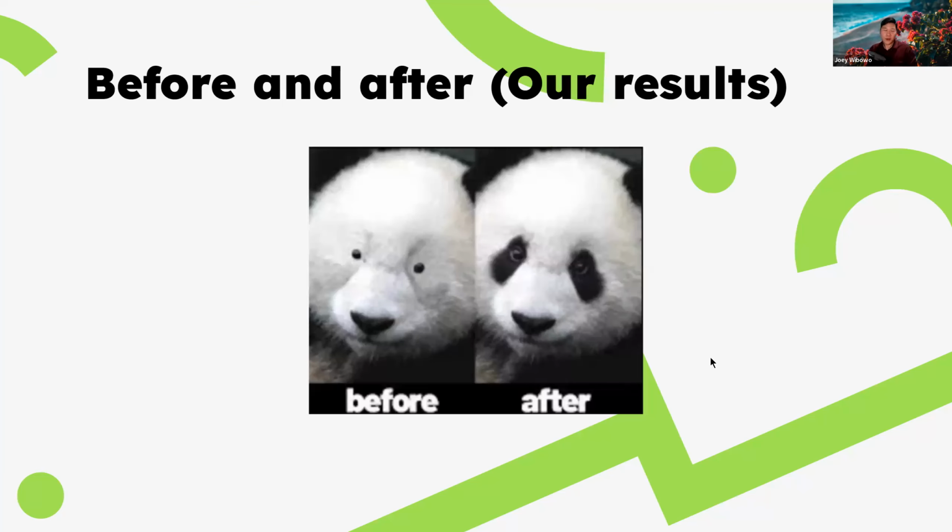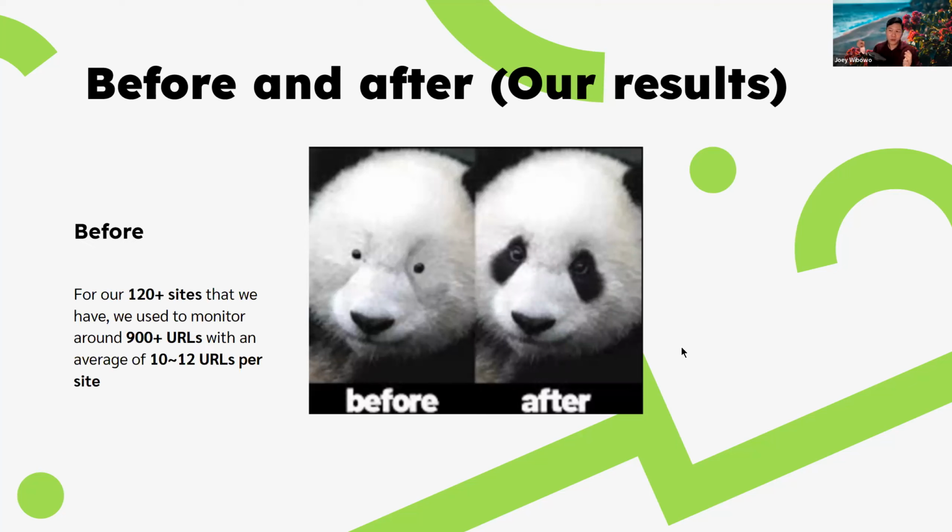All right, so I want to share our results as well and take you back to this cute panda picture. Before, because we're observing 20 plus sites, we used to monitor around 900 plus URLs with an average of 10 to 12 URLs per site.